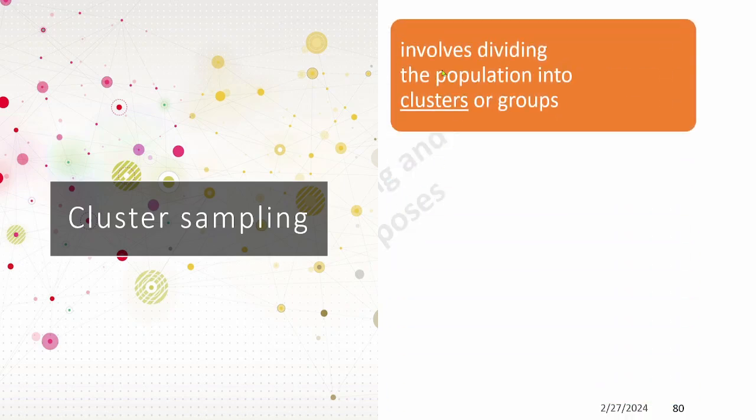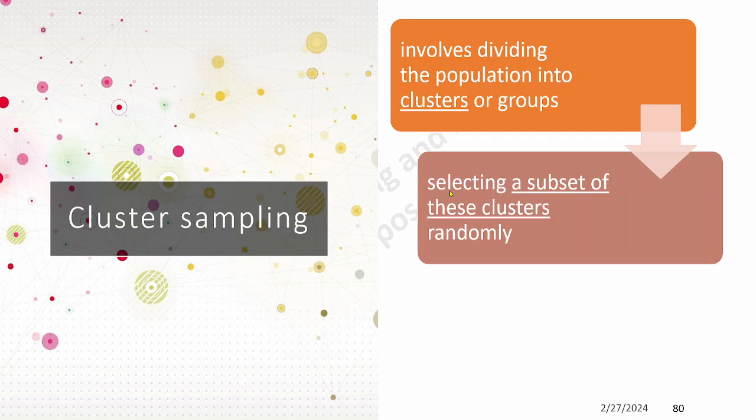Let's talk about one more method called cluster sampling. This involves dividing the whole data set into clusters or groups, then selecting a subset of these clusters randomly.